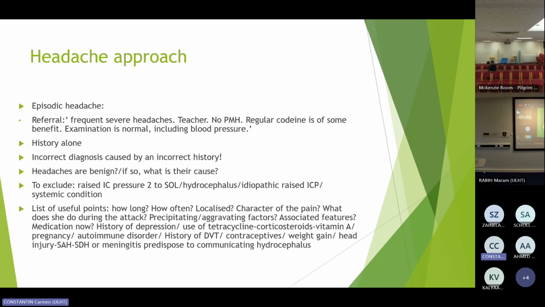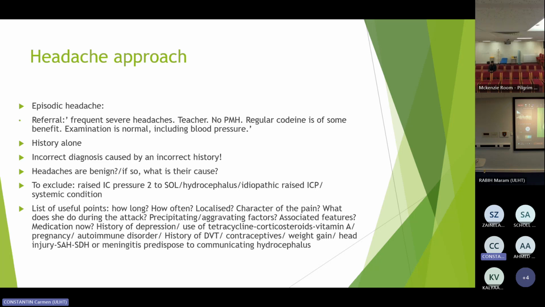Very much it's correct that an incorrect diagnosis is caused by an incorrect history. So history is giving us 50% of the diagnosis. When you have a headache presentation, we have to clarify if the headache is benign, and if it's benign, what is the cause.